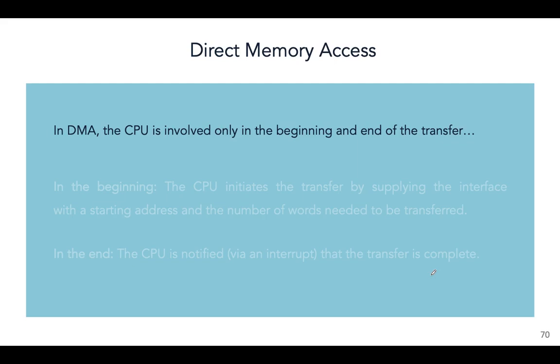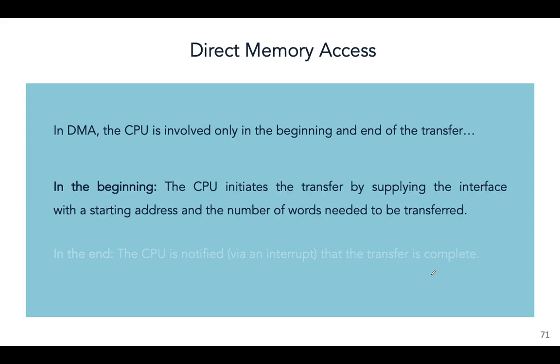Now, direct memory access. So in DMA, the CPU is involved only in the beginning and the end of the transfer. Only 2 times during this entire data transfer is the CPU going to be involved, in the beginning and in the end. So in the beginning, CPU is the one that initiates the transfer by supplying the interface with the starting address and the number of words needed to be transferred. So CPU initiates the process.